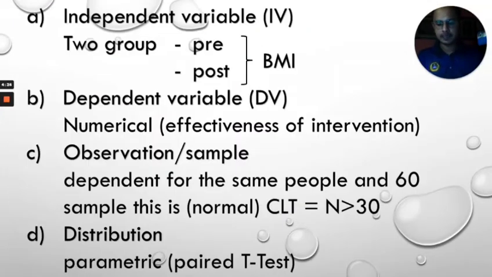The independent variable, IV, is two groups, pre and post BMI. The dependent variable, DV, is numerical, the effectiveness of intervention. The observation samples are dependent, the same people, 60 samples. This is normal by the central limit theorem, n more than 30. The distribution is parametric, and use the paired t-test.